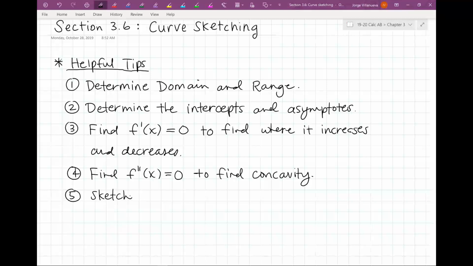I always tell people, since you have the ability to have a graphing calculator or a program like Desmos, you could always graph the original function. That way, when you solve for your critical numbers, you can look at your original graph and say, okay, yeah, right there it looks like it's going from increasing to decreasing, so that's good.